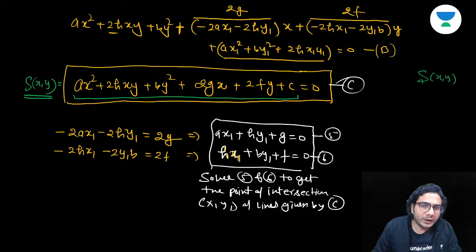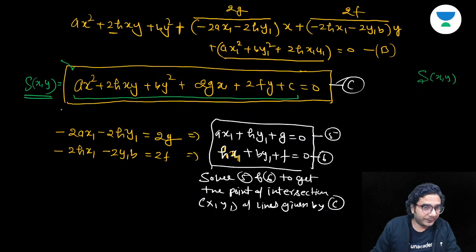Suppose this equation is given and you know that it represents a pair of straight lines. I'll tell you the condition later, when this equation will represent a pair of straight lines. But now let's assume that C represents a pair of straight lines.